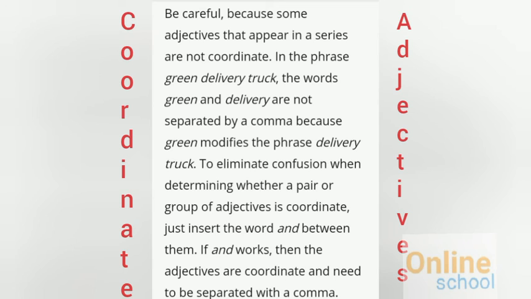In the phrase green delivery truck, the words green and delivery are not separated by a comma, because green modifies the phrase delivery truck. To eliminate confusion when determining whether a pair or group of adjectives is coordinate, just insert the word and between them. If and works, then the adjectives are coordinate and need to be separated with a comma.